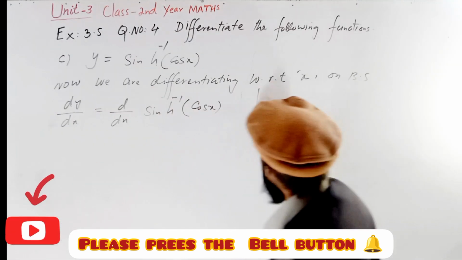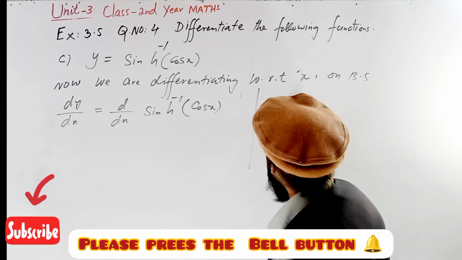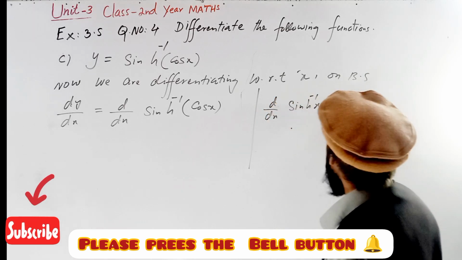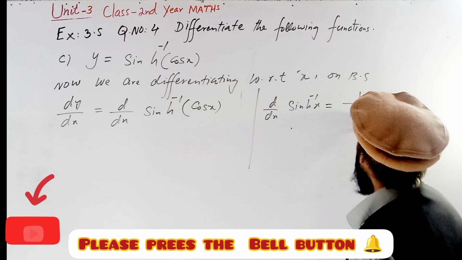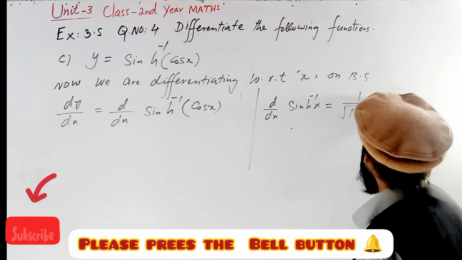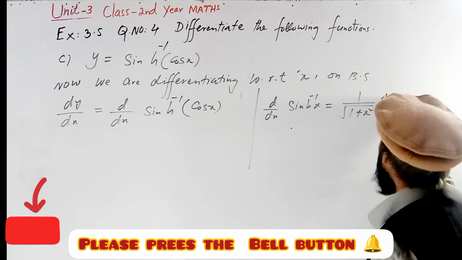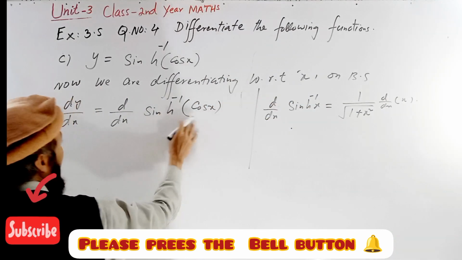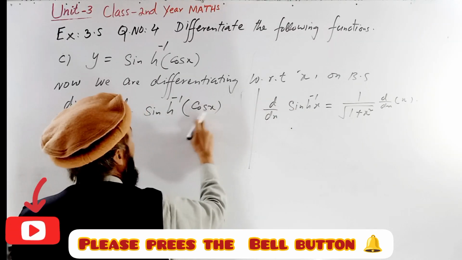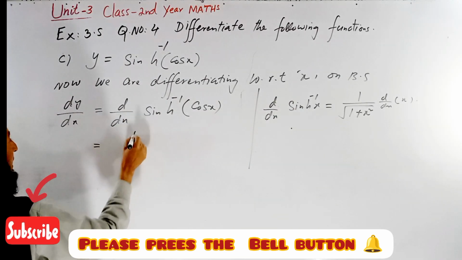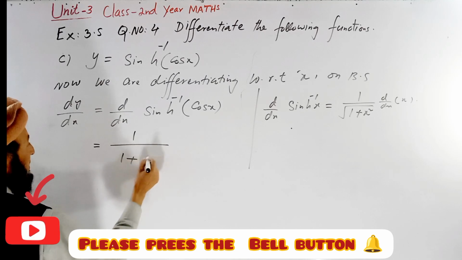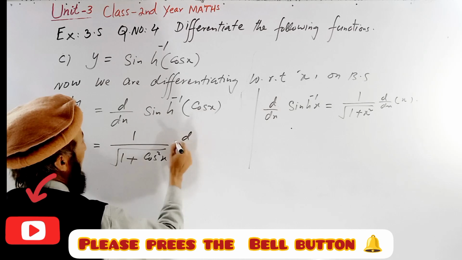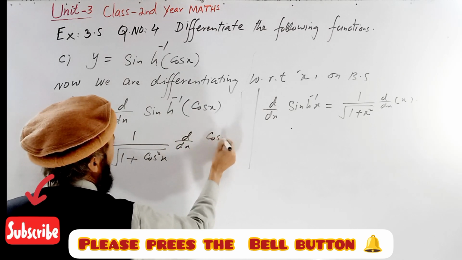According to this formula, the derivative of sinh inverse x is 1 over the square root of 1 plus x squared, and further the derivative of x, which is 1.